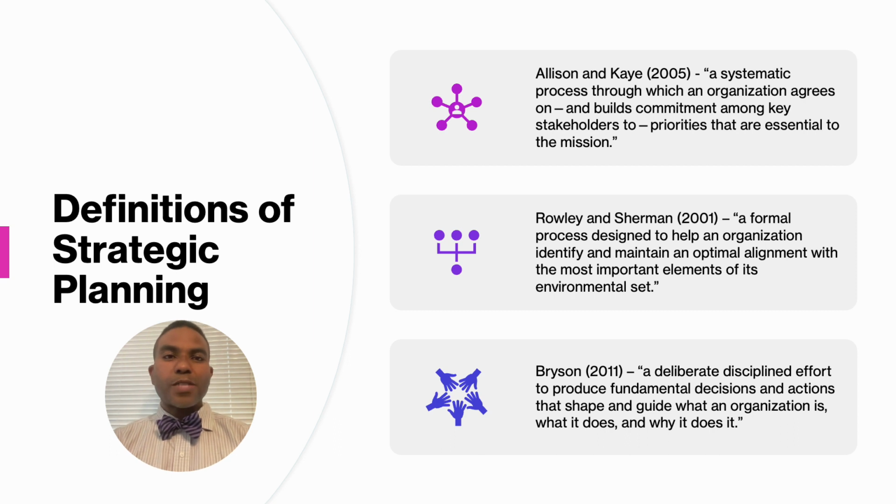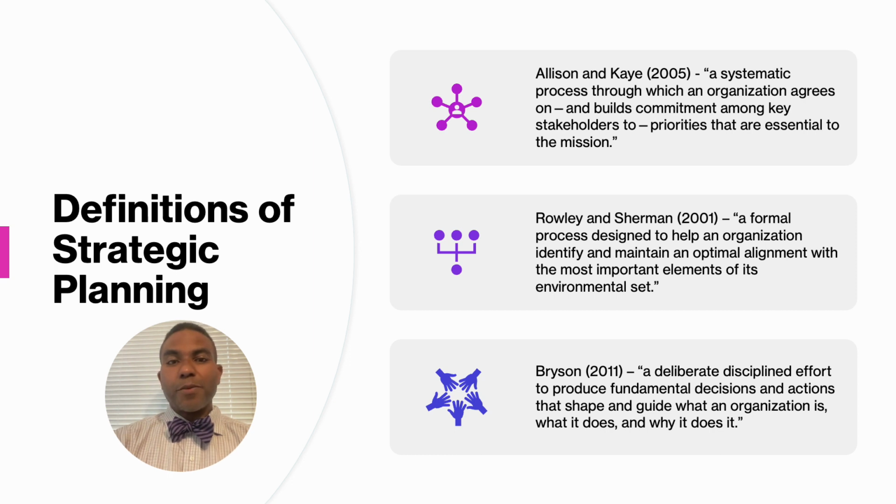All right, so let's start with some definitions of strategic planning. Well, Allison and Kay define strategic planning as a systematic process through which an organization will agree on and build commitment among their key stakeholders to priorities that are going to be essential for achieving the mission.